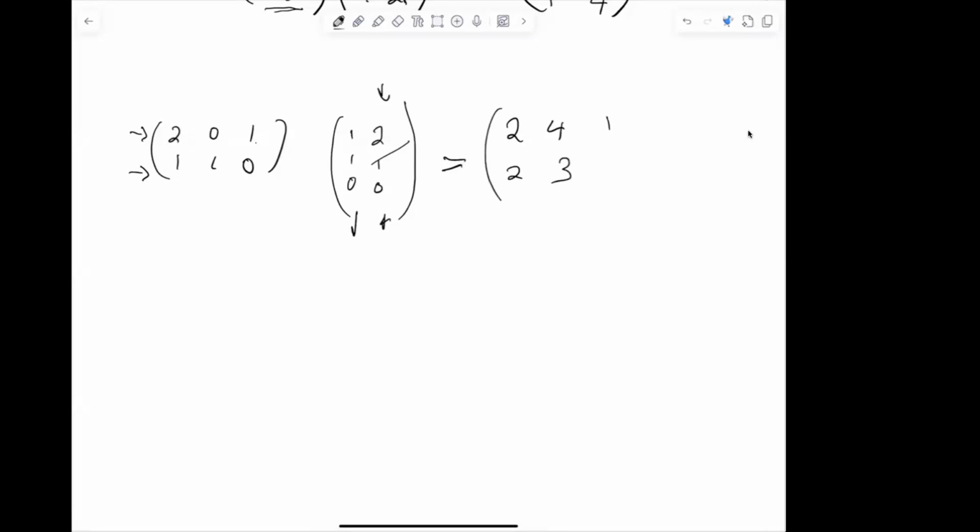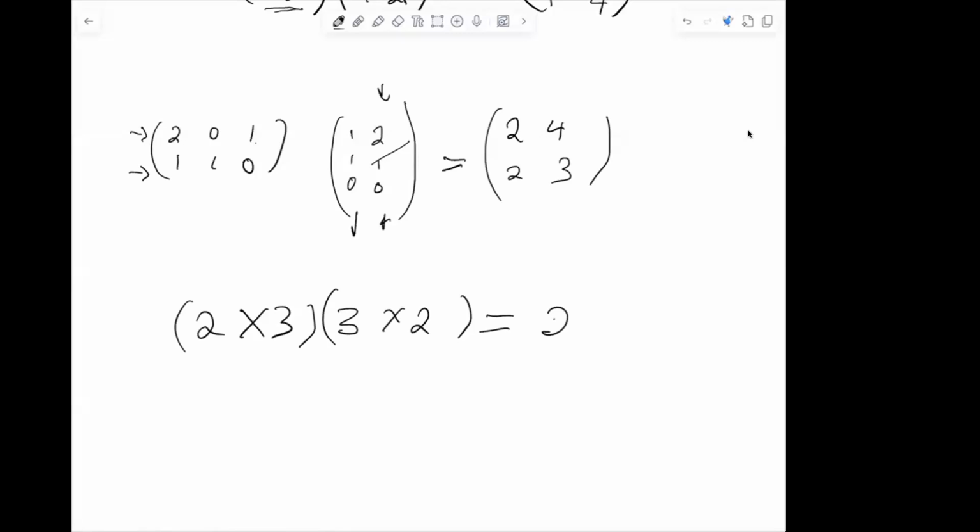Okay. So what we saw is something very interesting. The dimension of the first matrix was 2 times 3. The dimension of the second matrix was 3 times 2. And the result was 2 times 2. Now, this is always the case.